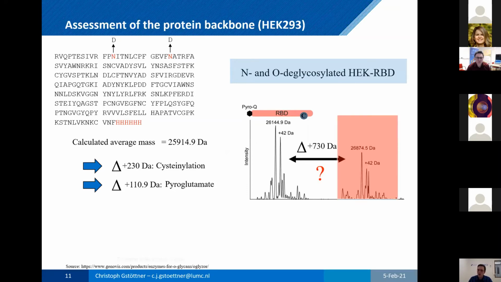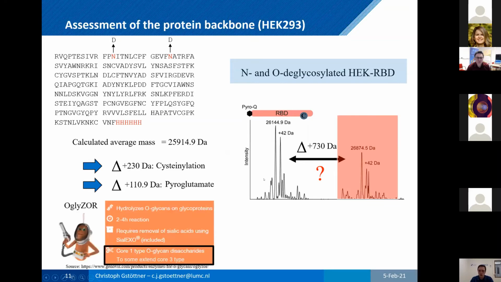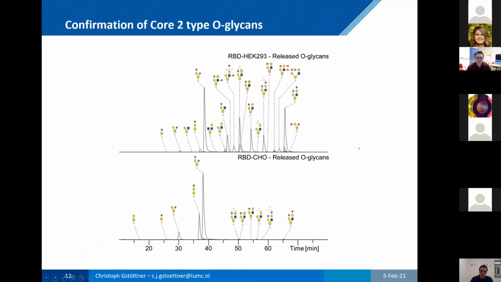And also, we could observe a 730 Dalton bigger signal. And this was looking like glycans. So then we looked again at this enzyme, what we used for the O-glycosylation, to remove the O-glycans, the O-glycosidase. And as you can see, this enzyme is only able to remove core 1 type glycans and core 3 type glycans. So we were thinking that this might be core 2 type glycans.